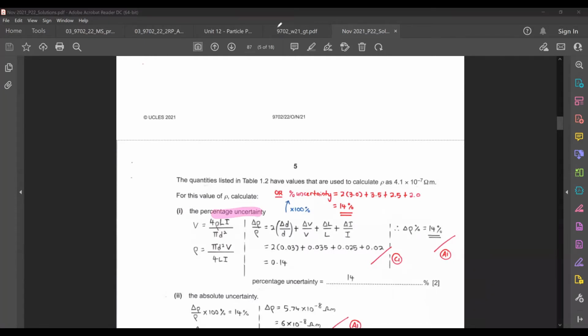So just to refresh your memory a little about uncertainties, if I have uncertainty plus minus delta rho, absolute uncertainty, delta rho, and then delta rho over rho, delta rho over rho times 100%. These are all known as different things. This is absolute uncertainty.